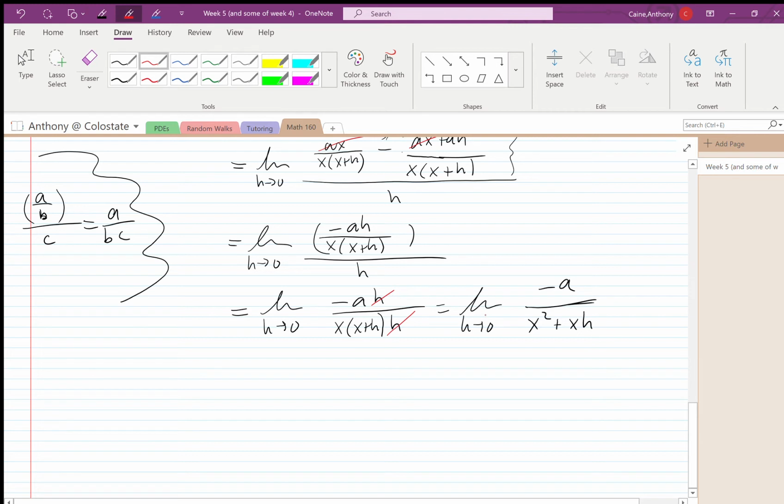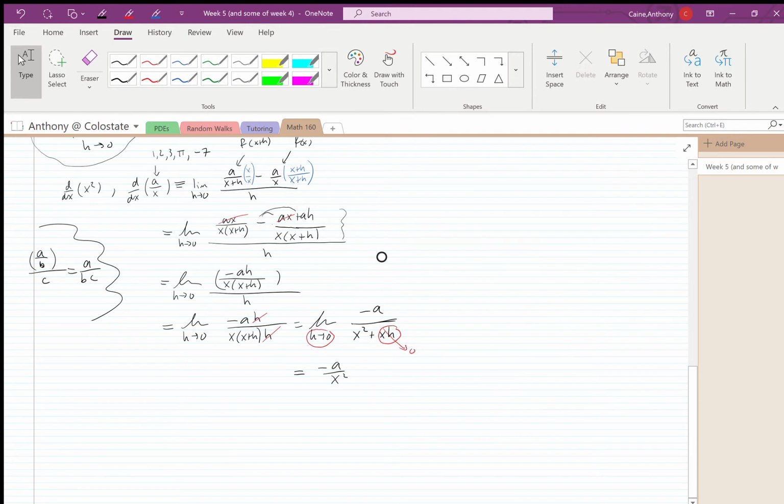Okay, h is going to 0, which means x times h is going away to 0. And my final answer, I finally don't need to write limit anymore because I finally have taken the limit, is negative a over x squared. So in conclusion, the derivative of a divided by x is negative a over x squared.